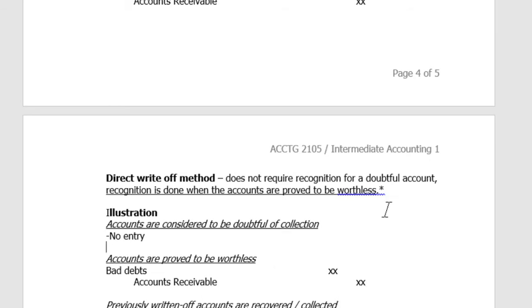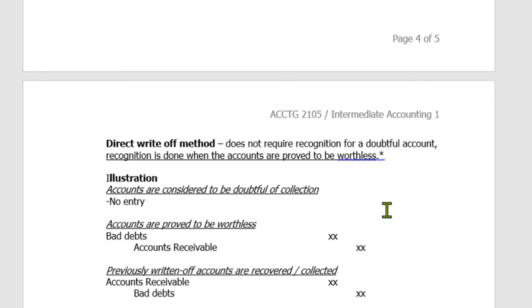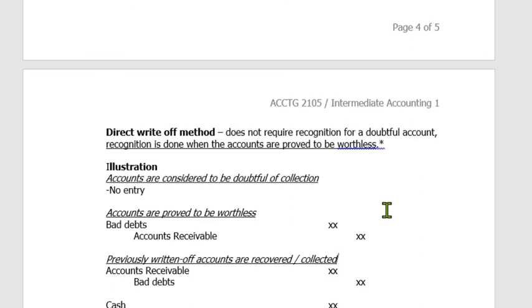Kapag doubtful pa lang, may probability na hindi makollect, wala kang ginagawa, wala kang adjustments on your books. Kailan lang siya nire-recognize when it is proved to be worthless. Kapag identify mo na i-write off mo na yan, you debit bad debts and then you credit accounts receivable. Itong bad debts, this is essentially the same as doubtful accounts kasi parehas silang expense accounts.